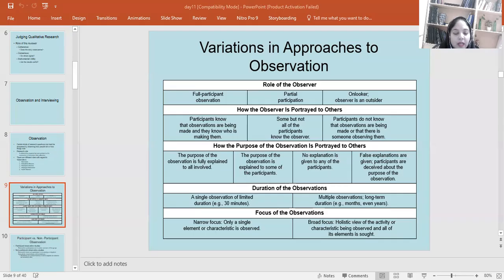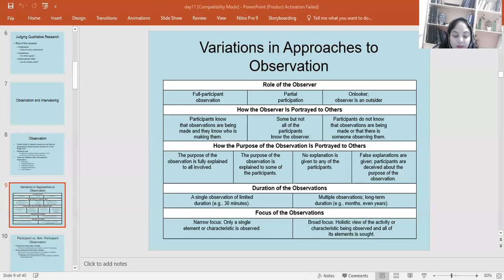For example, if you are conducting an observation in a naturalistic setting, in a classroom or outside of the cafeteria or in any organization, and you brief participants about an objective which is not the actual objective of the research.